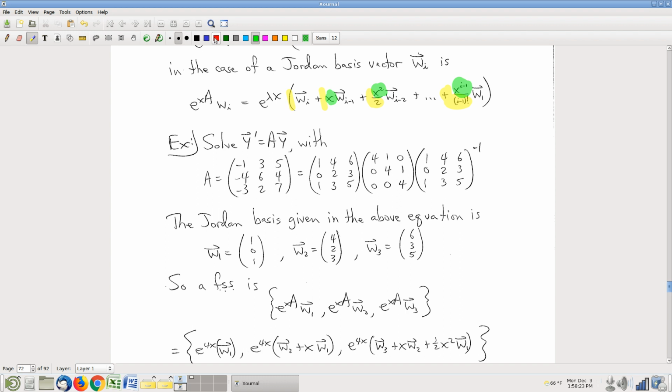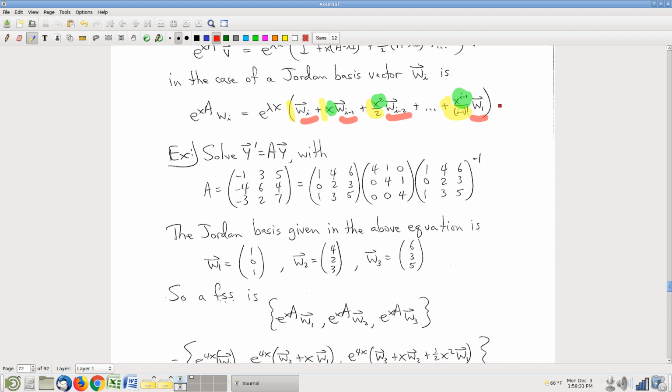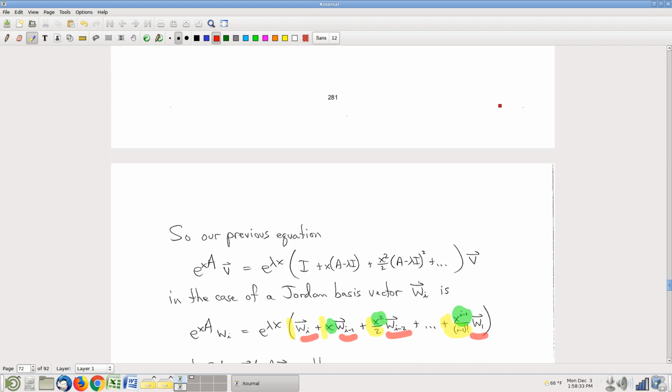And then as you go through the terms, for the Jordan basis vector, you just always move back by 1. So if you're applying this to the ith Jordan basis vector, the first term, you have the ith Jordan basis vector. In the next term, you have the previous Jordan basis vector. In the next term, the one previous to that, etc. You just keep stepping back one at a time.